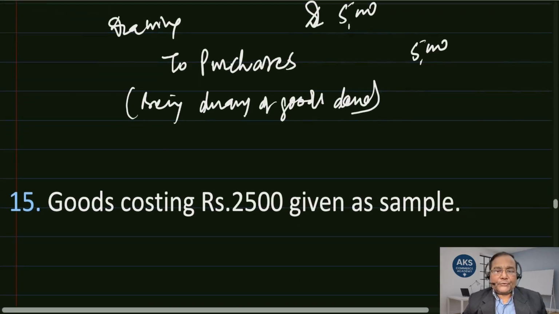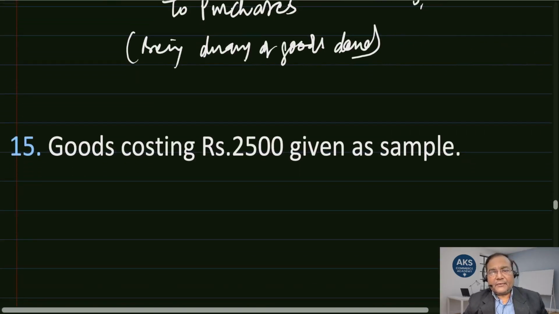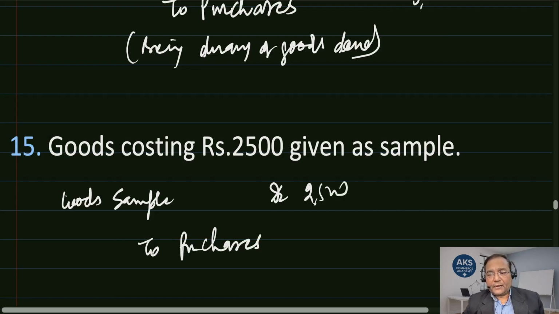Then next, goods costing 2,500 given as sample. When we give goods as a sample, this is an expense to the company. So the entry is sample debit, to purchases, 2,500. I hope this is clear. Why have we debited sample as an expense and credited purchases?